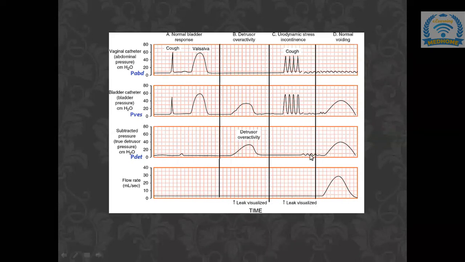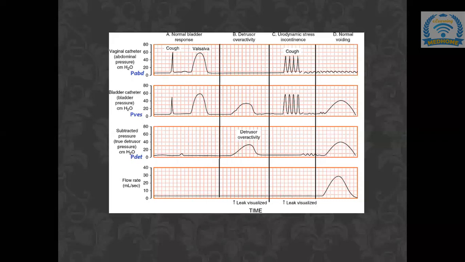These are small curves, small slight rises in the pressure. This is something normal. And you can see that the graph says there's a leak visualized. So it means that this is urodynamic stress incontinence: rise in the pressure of the abdomen and also the bladder pressure with leak of urine in urodynamic stress incontinence.